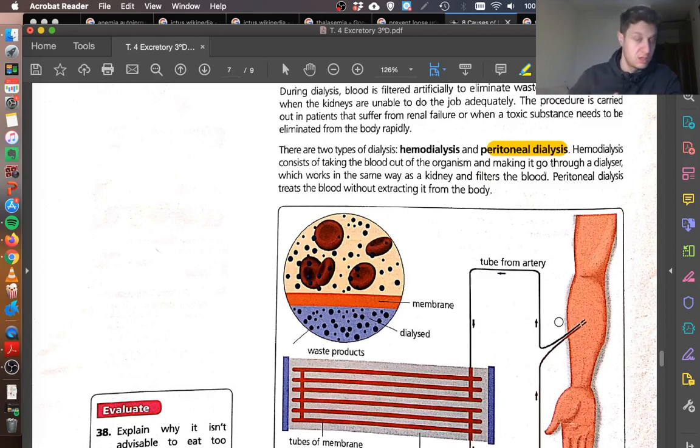Yes, of course you can reject a transplanted organ, because it's not your own kidney. The body says, hey, this is not mine, I'm going to get rid of this. I don't know what it is, but I don't want it inside of my body.